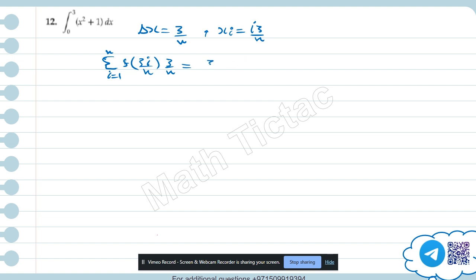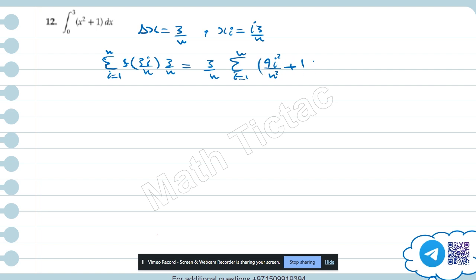So in here it will be 3i over n all squared, which is 9i squared over n squared, because 3 squared is 9, i squared is i squared, and n squared is n squared. So plus 1. Now we can factorize this. So this is going to be equal to 3 over n multiplied by sigma notation, i equals 1 to n.